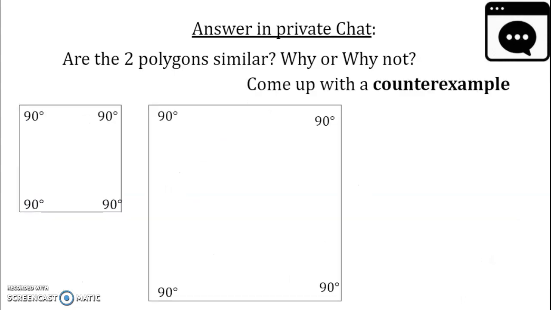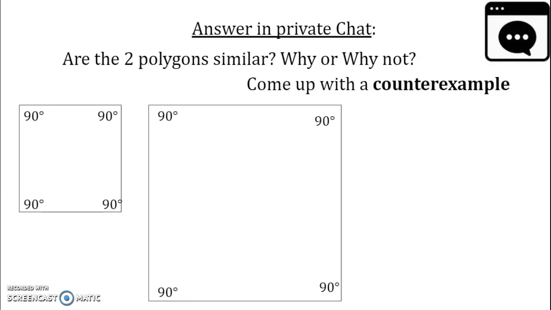Okay? All right, are the two polygons similar? Why or why not? Come up with a counterexample. Counterexample meaning, can you think of a polygon with 90, 90, 90, 90 degrees? Can you draw one that is obviously not similar to the one that you're starting off with?